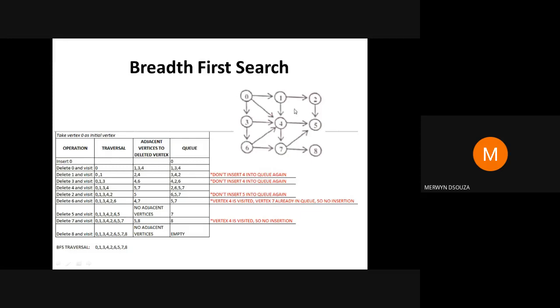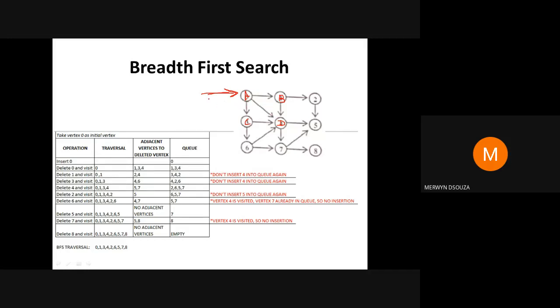So you have to decide, like we have discussed before, out of the 9 vertices that you can see here, I could have selected any vertex as my starting vertex. But just so that we get a common answer, if numbers are given, we'll always take the lowest number as the starting vertex. Or if alphabets are given, we would start from A, or the first letter in alphabetical order.